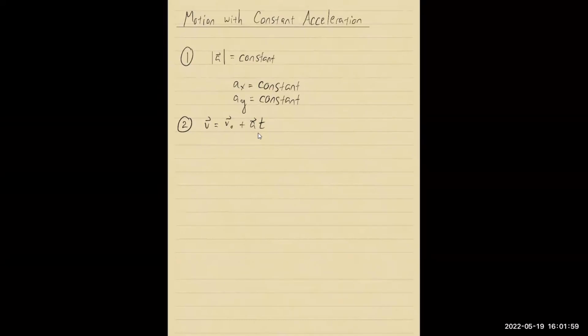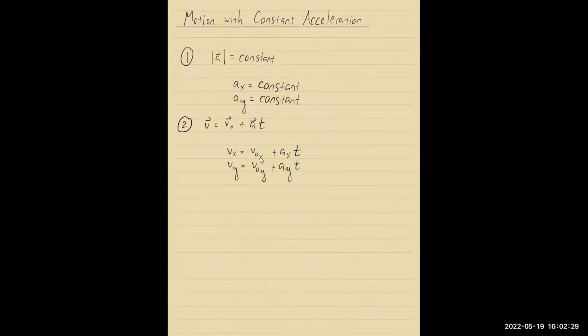So this means that our final velocity in the x direction is equal to our initial velocity in the x direction, which I denote by v naught sub x, plus our acceleration in the x direction times time. And the y component of this is that our final velocity in the y direction is equal to our initial velocity in the y direction plus our acceleration in the y direction times time.